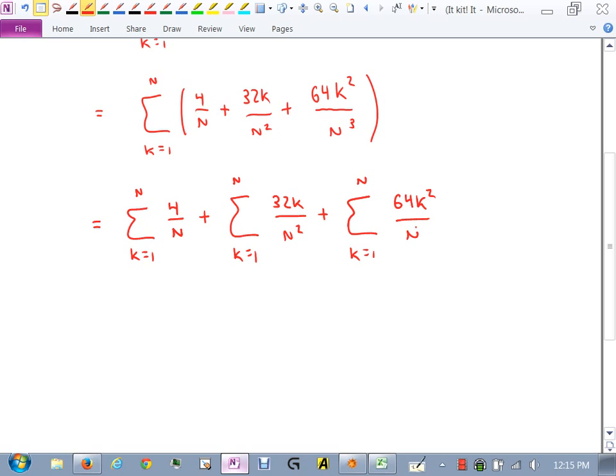Now, what I can also do is I can also pull constants out of sums. A constant would be anything that's fixed, right? So on the first one, is 4 fixed? Well, obviously 4 is fixed. Is n fixed? N is the number of rectangles, isn't it? So the only thing in here that would be affected is if it had k, right? Like if k's there, then it's going to change. But if k's not in here, k does not change this at all, does it?